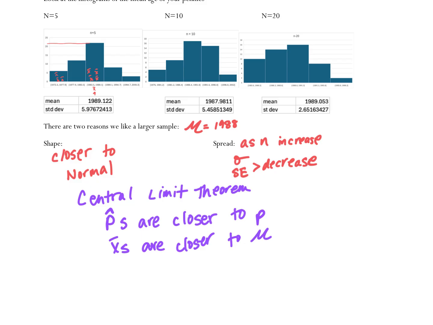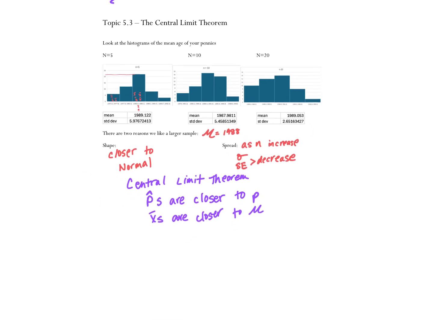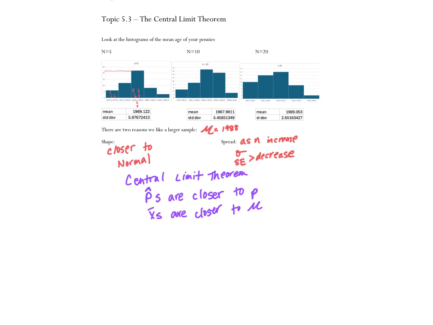Now, we also really like that normality because the more normal something is, the more predictable and easier to use. But large sample size means less variability in x bar or p hat, meaning x bars are closer to mu, p hats are closer to p, which is what we want always and always and always.